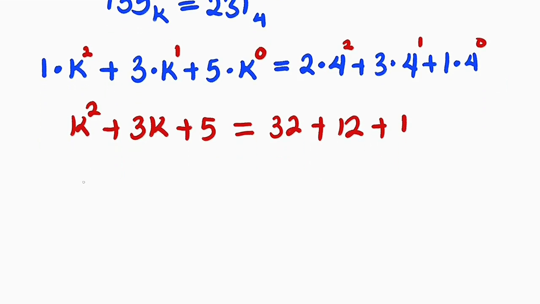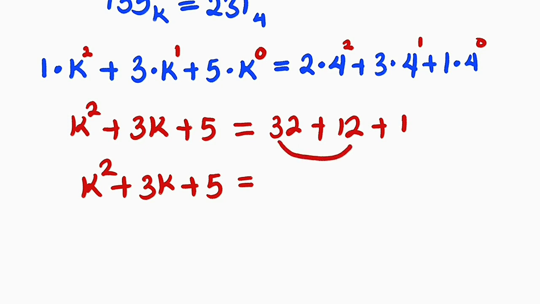Let's simplify. This is still k squared plus 3k plus 5. And this is equal to, let's add these numbers together. If you add these, you're going to get 44 plus 1 is 45.